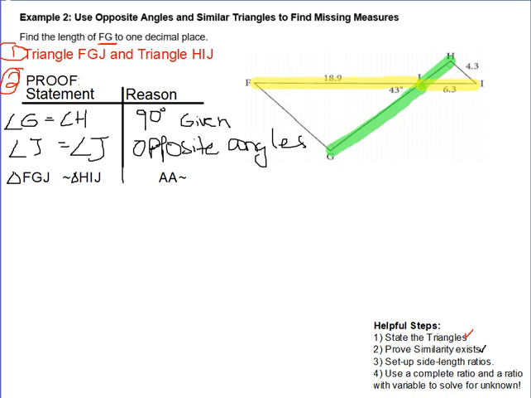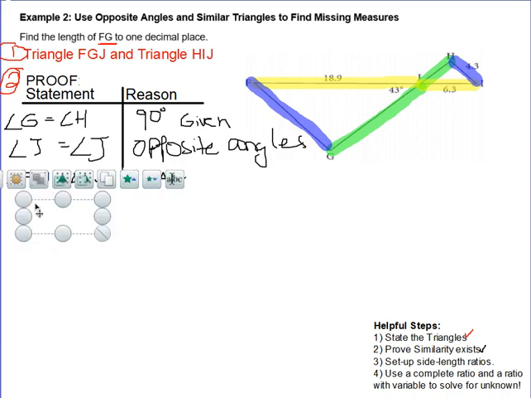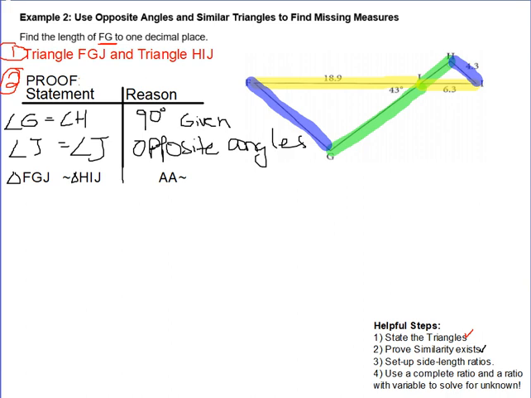And lastly, maybe we can use blue. FG on the very outside corresponds with HI on the very outside. I use these colors to help me out when I'm setting these up. So this will be part 3, setting up the corresponding side length ratios.